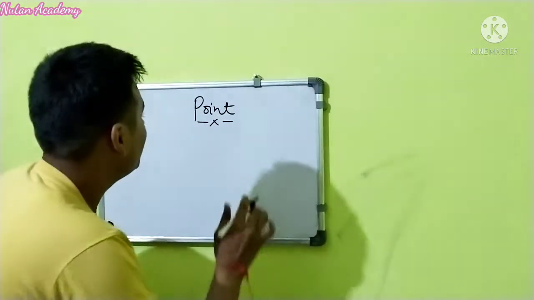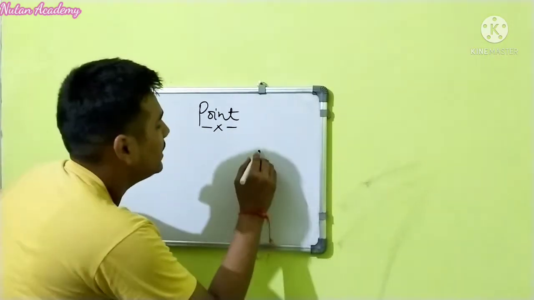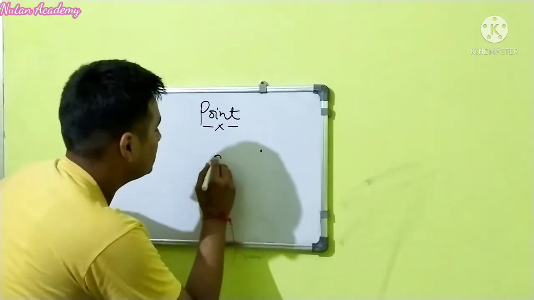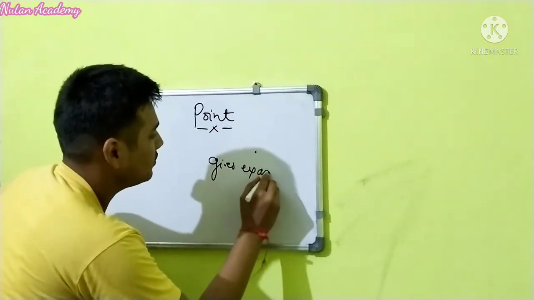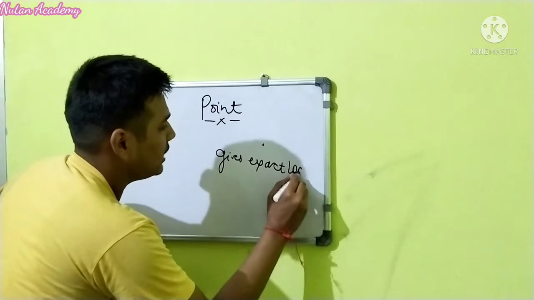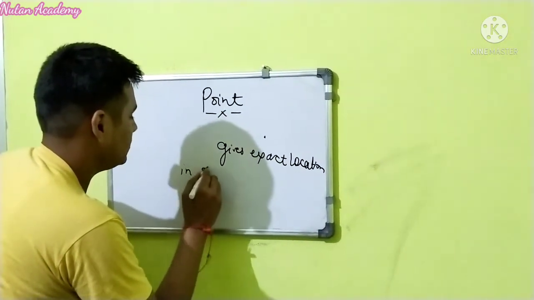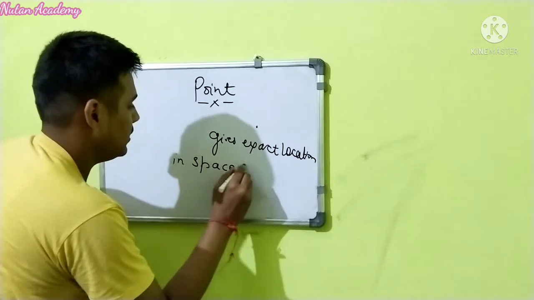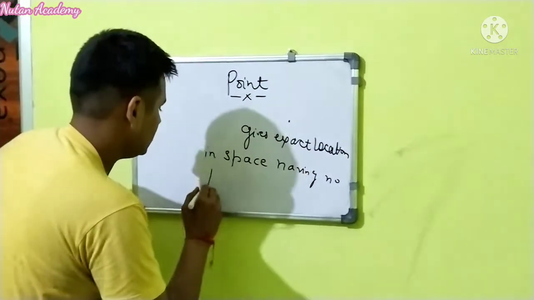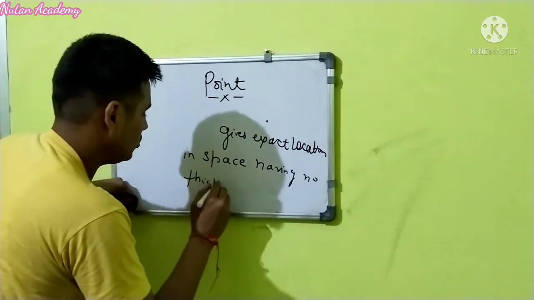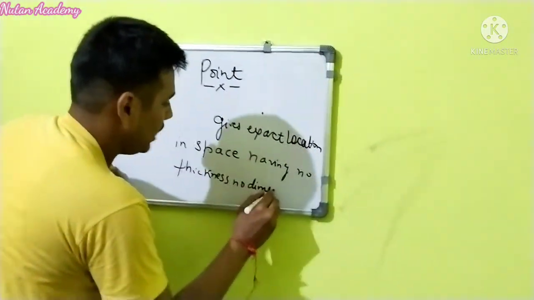So what is point? The point is represented as a dot, which gives the exact location in a space, having no thickness and no dimension.